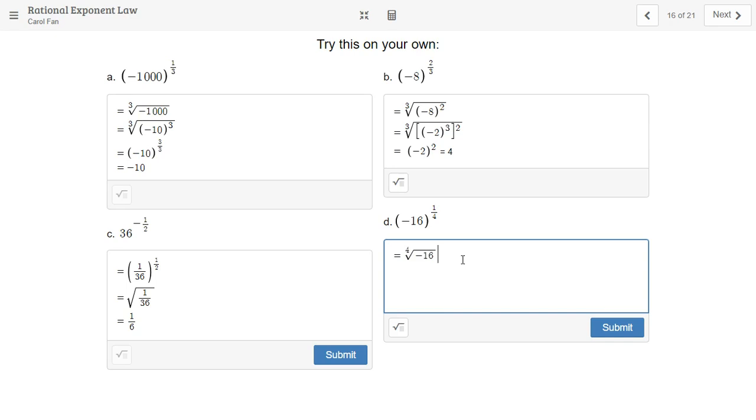There are no numbers that can be multiplied by itself 4 times that will give us a negative number. So this question isn't solvable because there's a negative radicand and an even index.